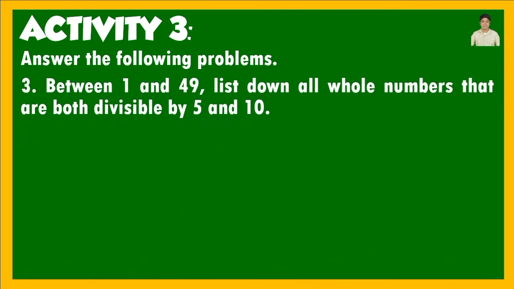So, for our last problem, between 1 and 49, list down all whole numbers that are both divisible by 5 and 10. Okay. So, sa pagitan ng mga numbers na given na yan, ililista natin yung mga whole numbers na divisible by 5 and 10. So, mag-start tayo sa 5, siyempre. So, ang pinaka-technique natin dito is yung tinatawag nating skip counting.